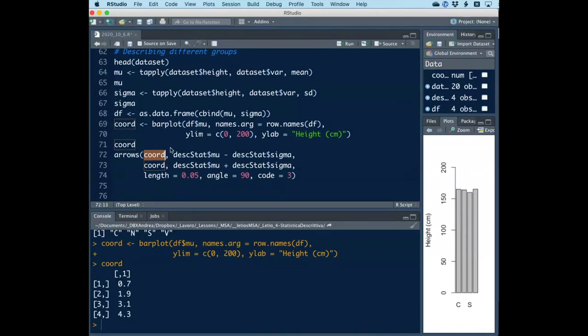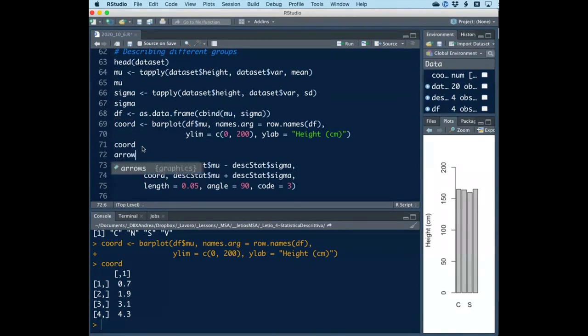So the syntax is like this. We have to put arrows x0, meaning the coordinates of the abscissa for the starting point, and y0, that is the y coordinate for the starting point.